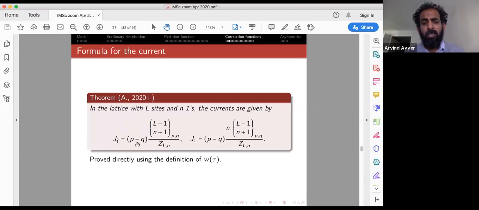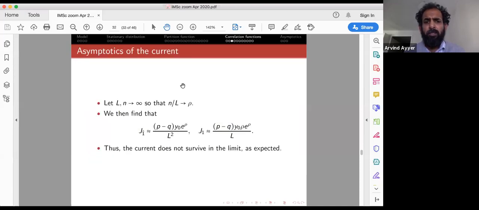The current of 1 hat is P minus Q times a restricted partition function of a smaller size divided by the ordinary partition function. And the current of 1s is the same as that of 1 hats except for this extra factor. So if you like, the current of 1s and 1 hats are kind of the same if you look individually. And this can be proved directly. This is not hard.